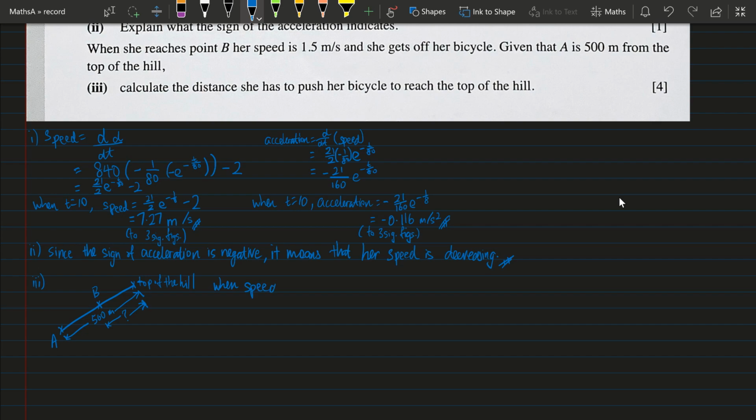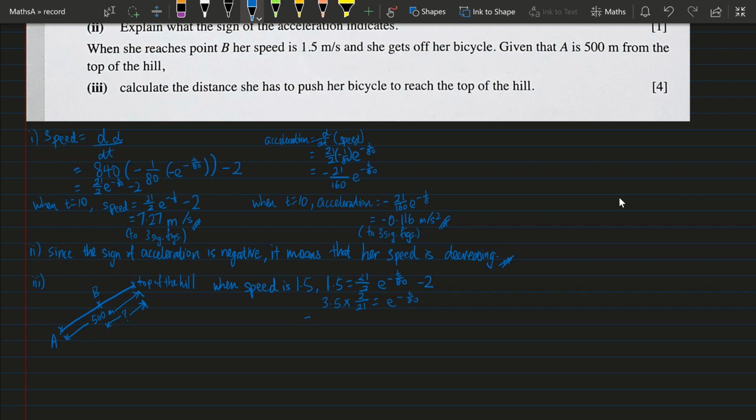When speed is 1.5, so 1.5 equals 21 over 2 exponential negative t over 80, subtract 2. Sorry. So 3.5 times 2 over 21 equals exponential negative t over 80.